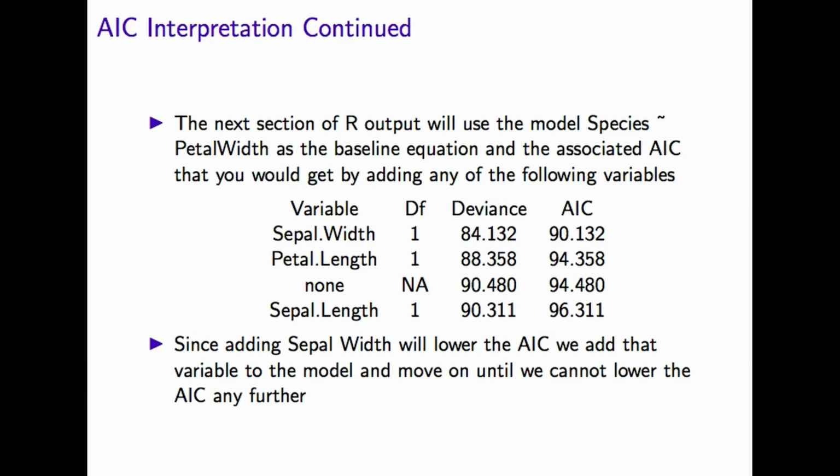And then again, species, petal width, and petal length would yield an AIC of 94.358, and so on. And they even give you the option of adding no variables, which would not decrease the AIC, so that means we still want to add more variables. And like I said before, sepal width now has the lowest AIC, so we want to move forward, add sepal width to our new equation, and continue on.